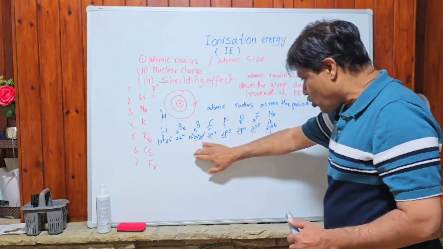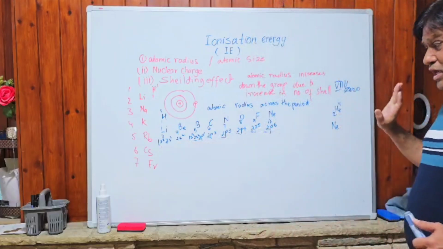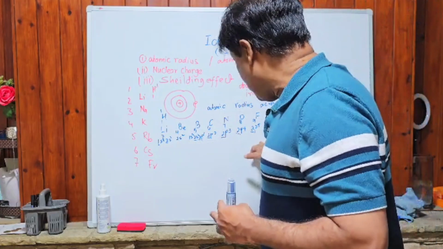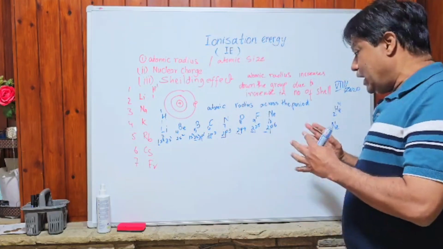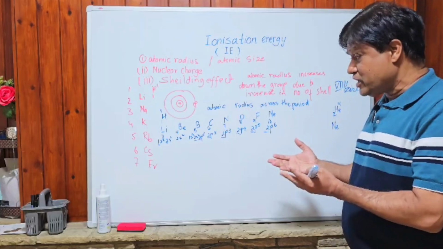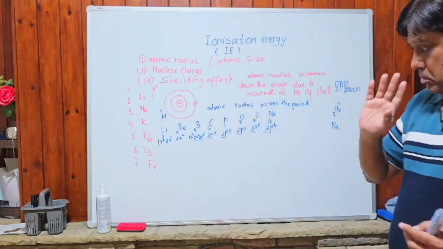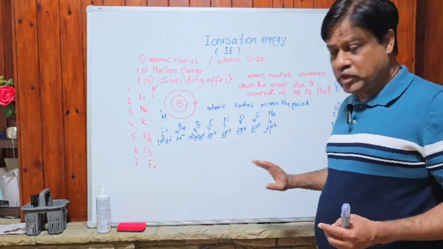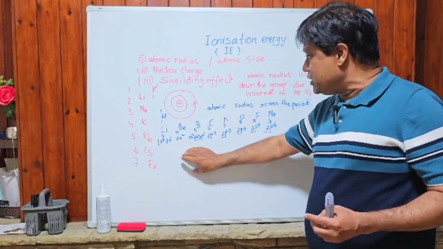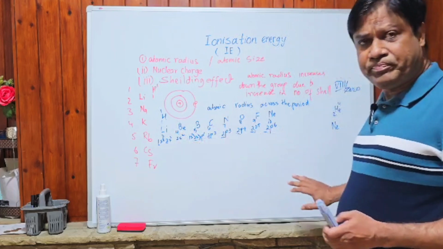So when you move across the period, how many shells? 2 shells. The number of shells is the same, but the number of protons or electrons increases. It means the space is decreasing between the nucleus and the outermost shell, but the total number of shells is the same. So can we say the atomic radius or the atomic size across the period stays the same?